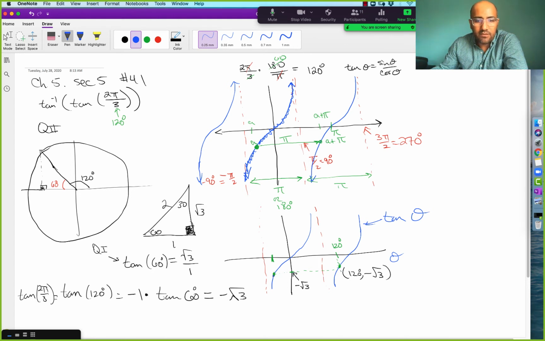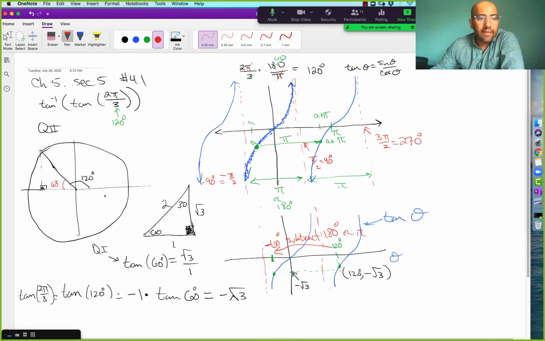It's going to map me to this one. Good. And what is that one going to be? Well, to go from this point to this point, subtract 180 degrees, or pi in radians. So just from that, I know this must be negative 60 degrees. Good? Kind of, sort of, maybe?